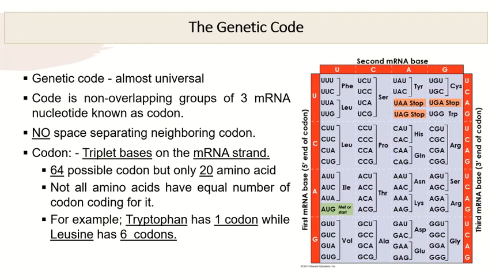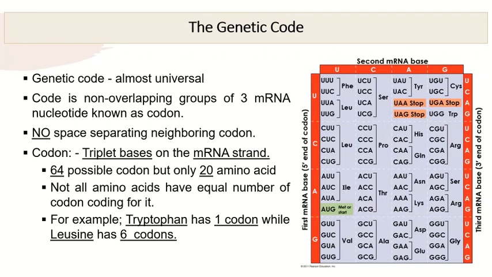We have about 64 possible codons, with only 20 amino acids, coming from only 4 bases, which are U, C, A and G. Not all amino acids have an equal number of codons coding for them. For example, look at the table on your right side.